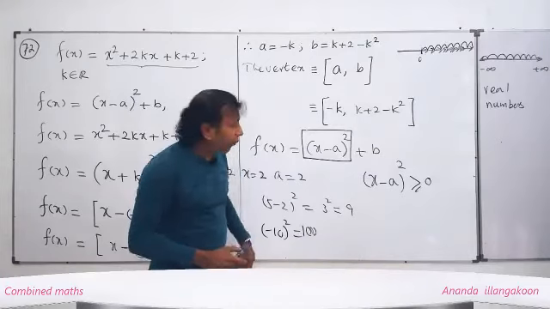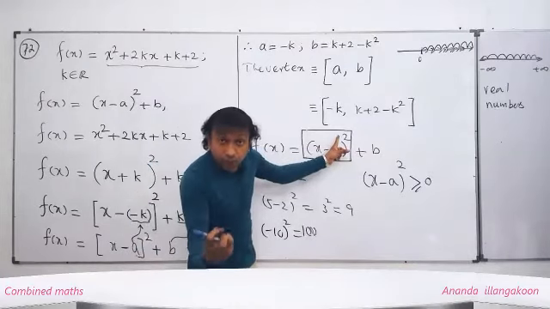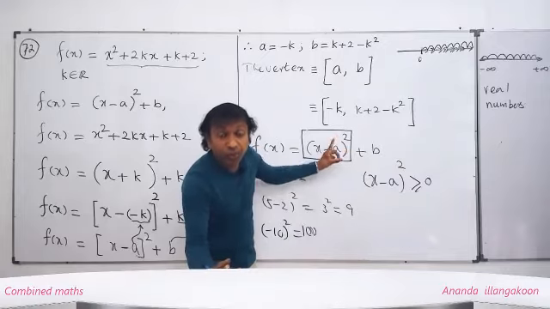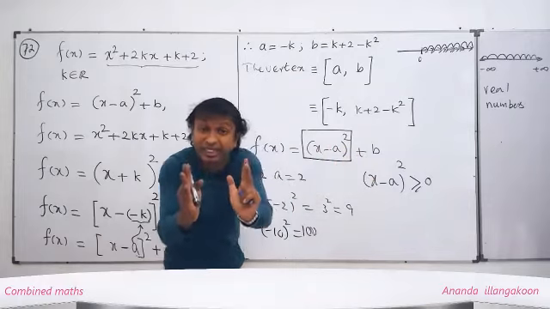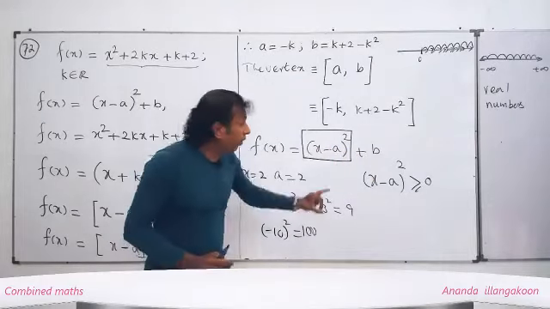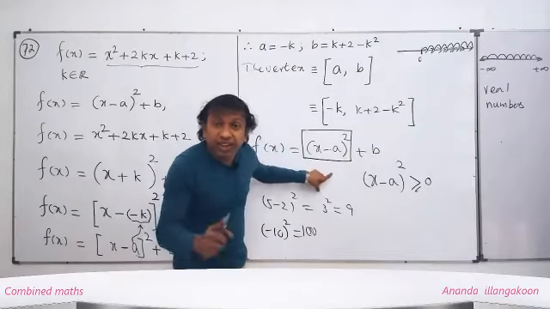What is that? When this x minus a perfect square takes 0, its minimum possible value, the right hand side will be what? Because this b is a constant, then when this is 0, 0 plus b, it is b, and that is the minimum value.